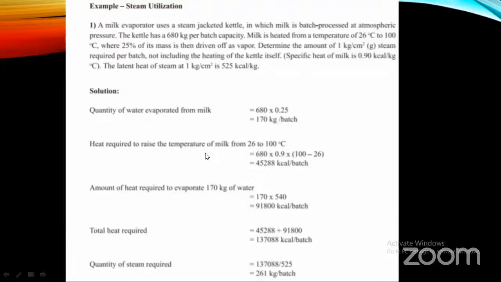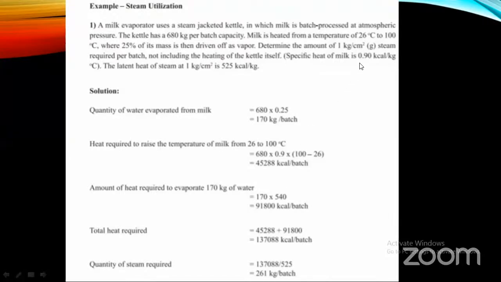Next step, we need to find out the heat required to raise the temperature of milk from 26 to 100 degrees. This is the sensible heat for raising the temperature from 26 to 100. So m Cp del T, the same formula. m is mass, that is 680 kilogram.